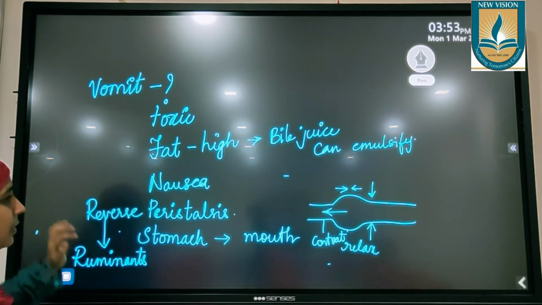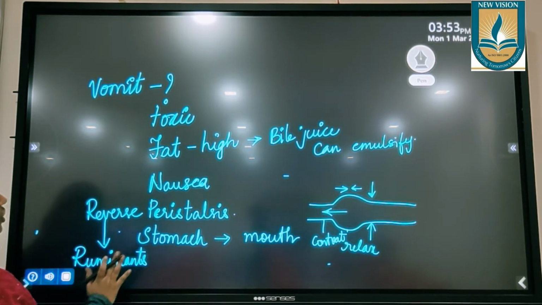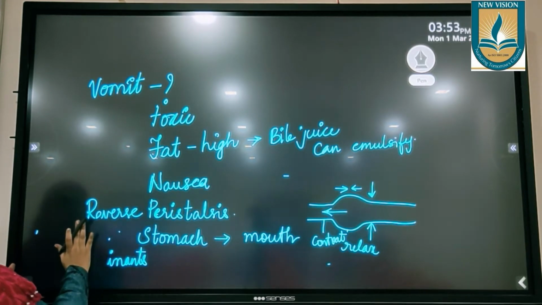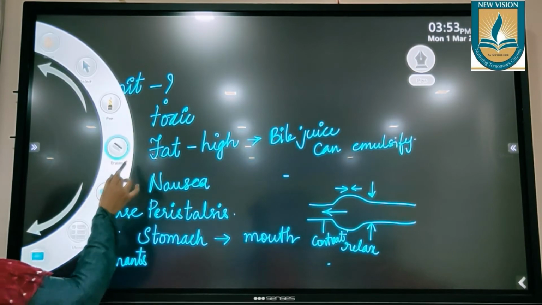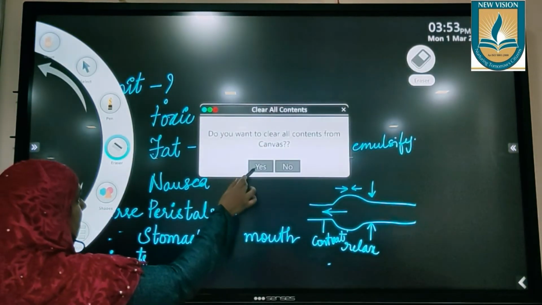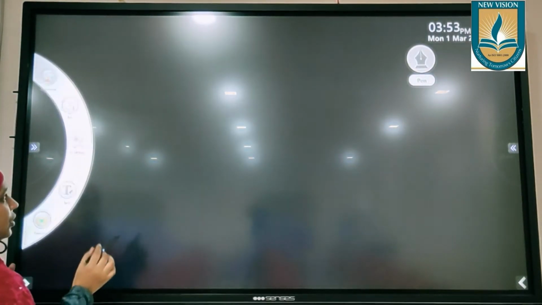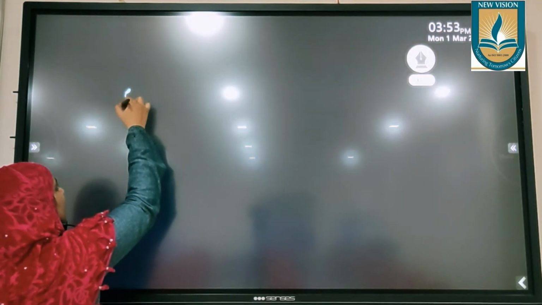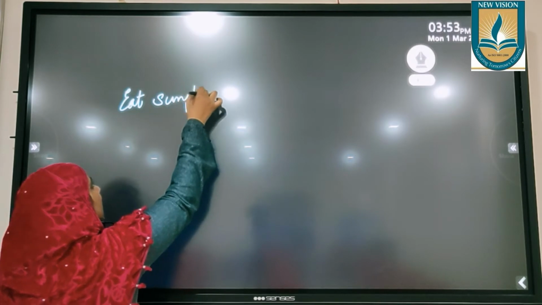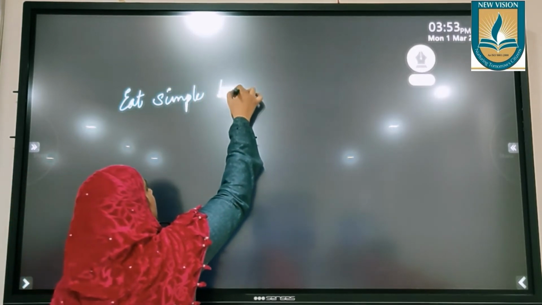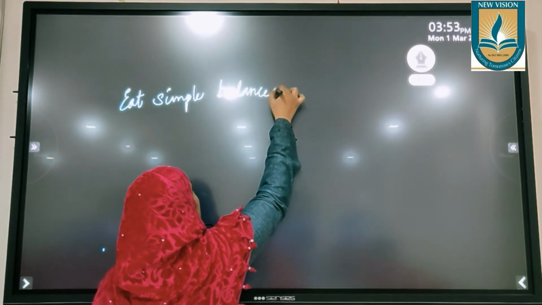Apart from this, indigestion is one of the reasons why vomiting occurs. How can you avoid indigestion? You need to eat a simple, balanced diet.